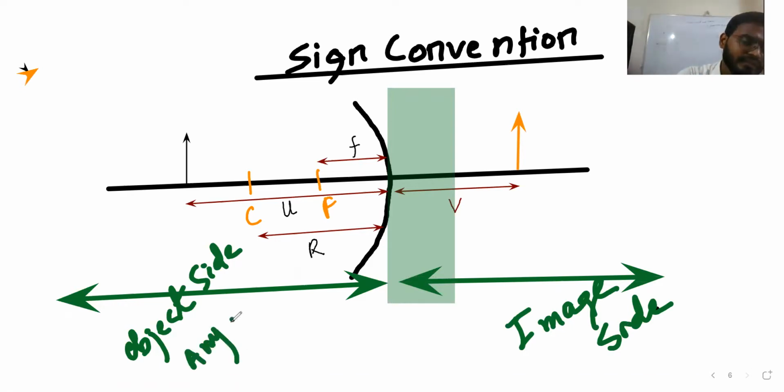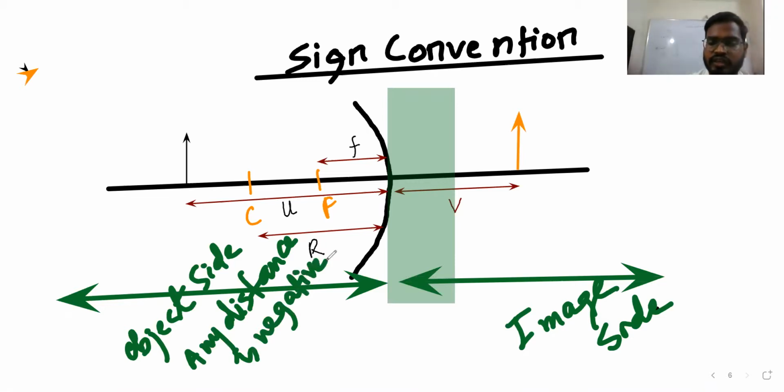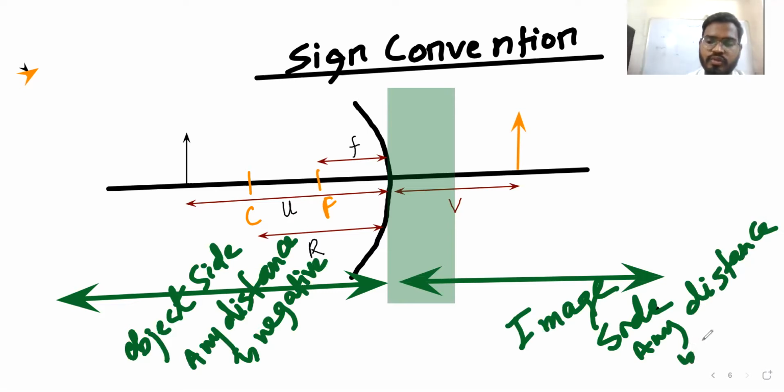On the image side, any distance is positive.